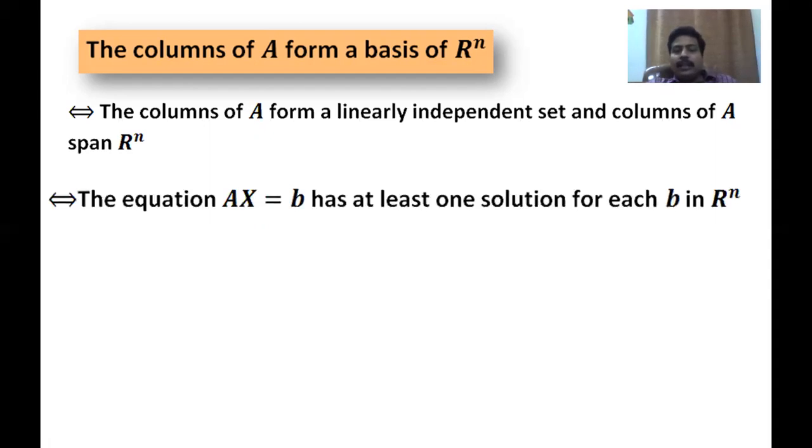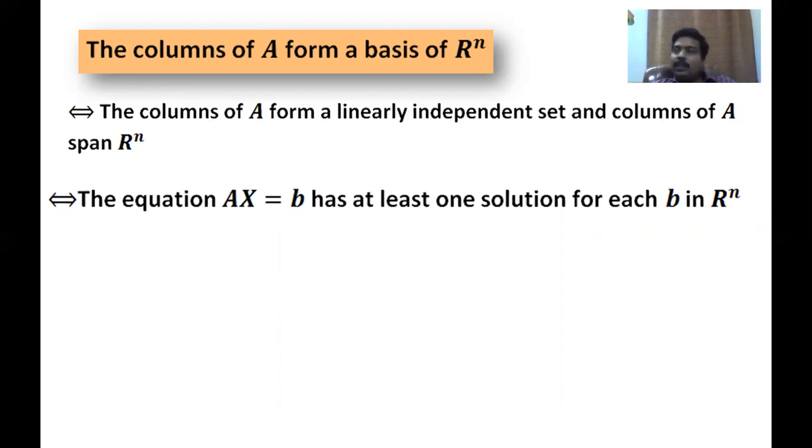And the equation Ax equals b has at least one solution for each b in Rn. Whenever the set can span the entire Rn, that means every vector b in Rn can be written as a linear combination of those columns, and hence the weights, the scalars used in the linear combination, are the solution.